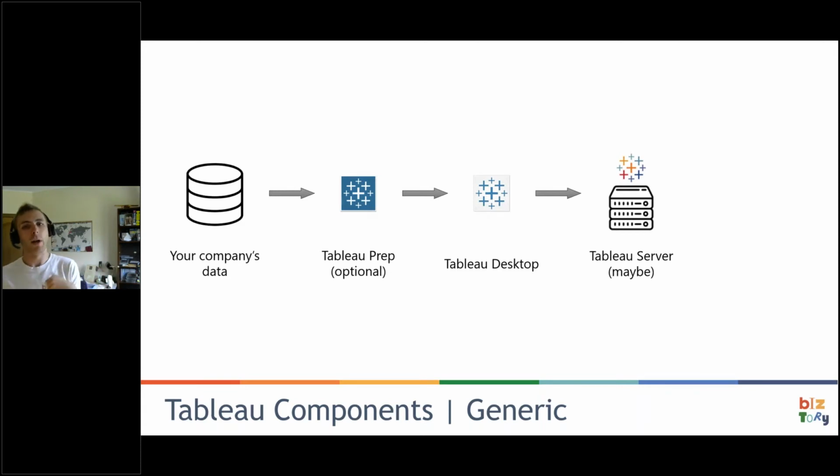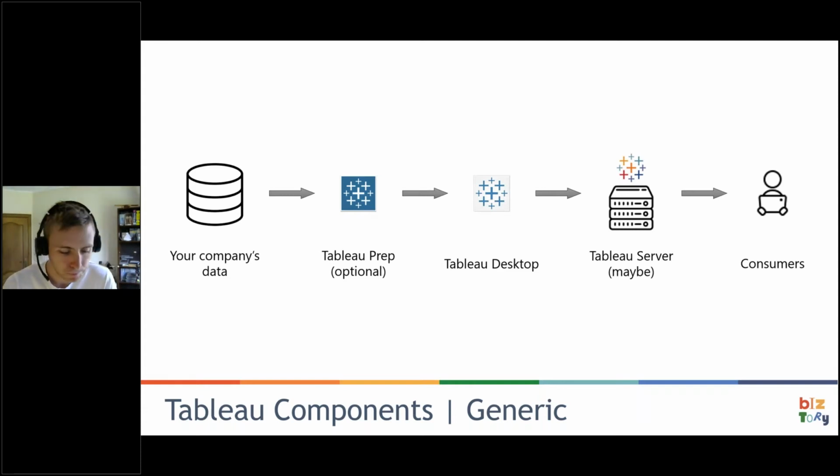So when I say Tableau Server today in this session, that means Tableau Server is the platform you use to publish your analytics from Tableau Desktop and share them with an audience, with your consumers, right? Again, we're going to look at what that is specifically and why it's maybe your on-prem Tableau Server. But when I refer to it in the first place, it's going to be the platform for sharing from Tableau Desktop to your consumers.